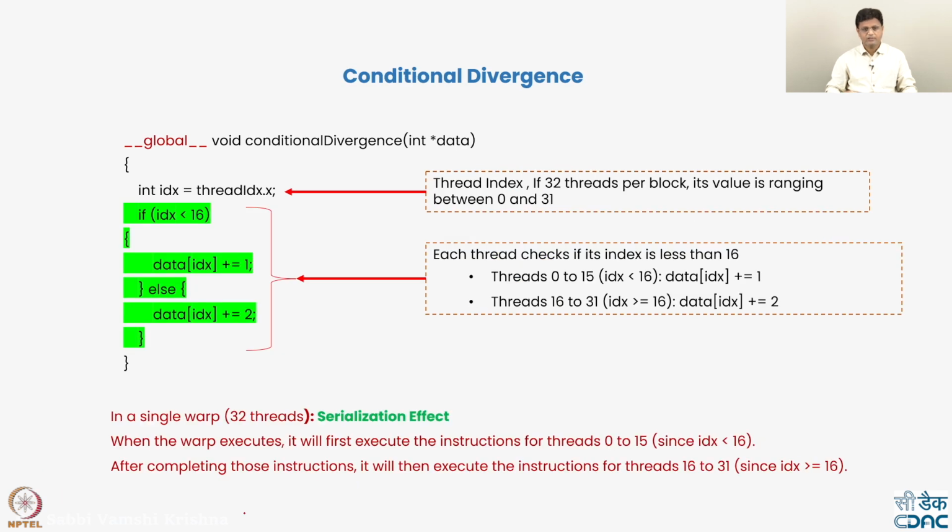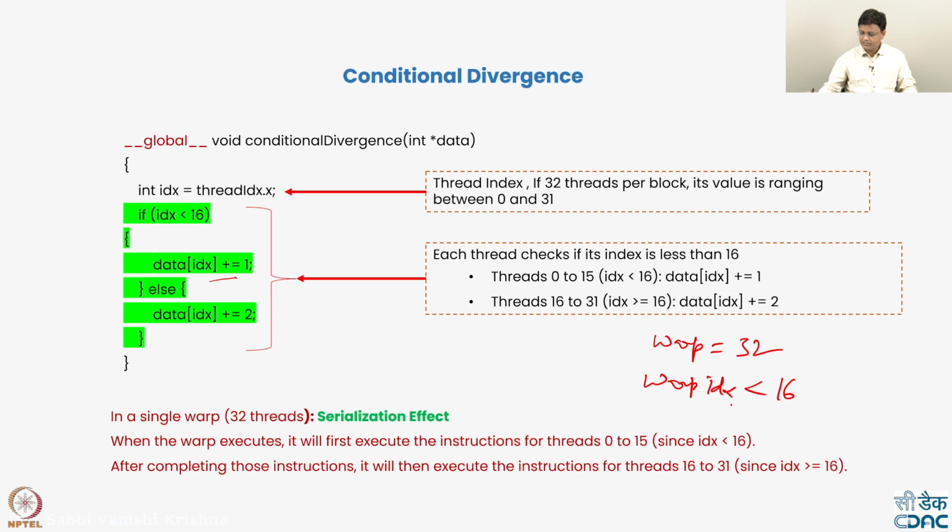In the second case, you can see this is also an if statement logic, but here I have just changed the condition. I have 32 threads in a warp. If warp IDX is less than 16, then it has to perform this operation.